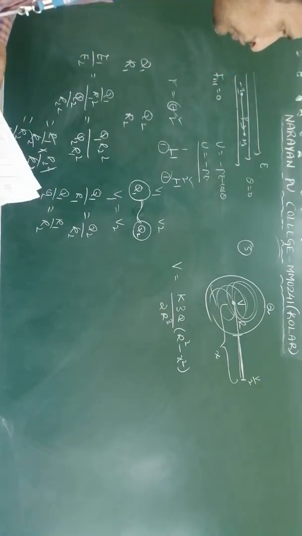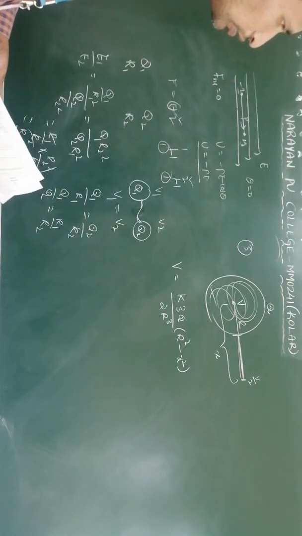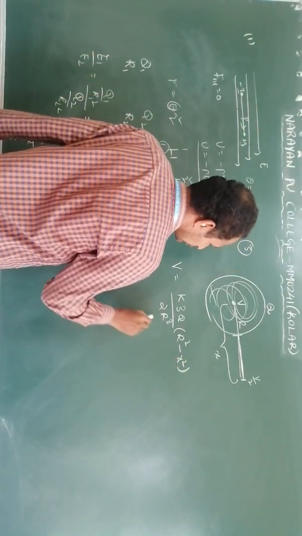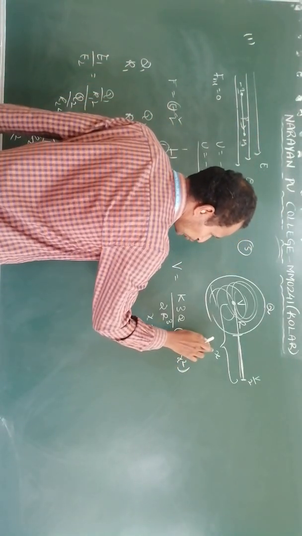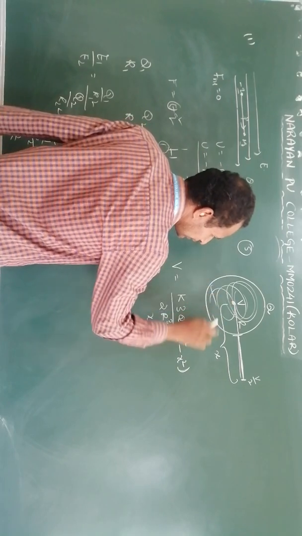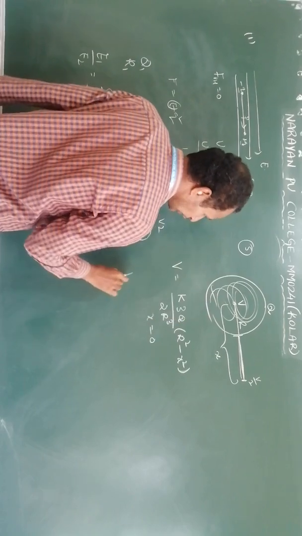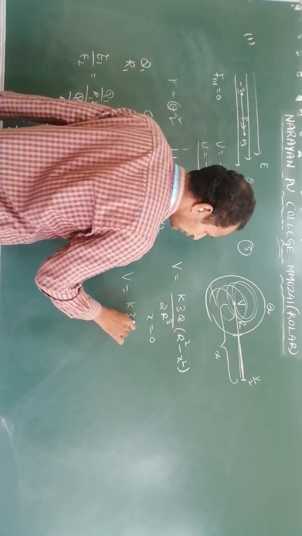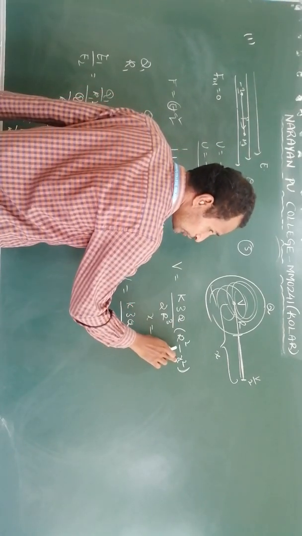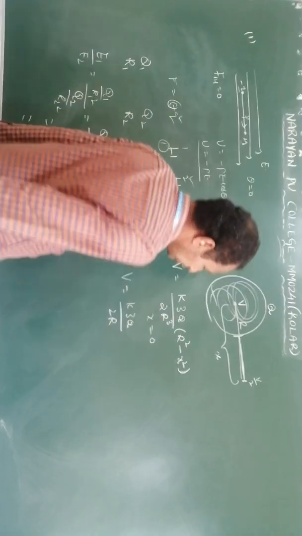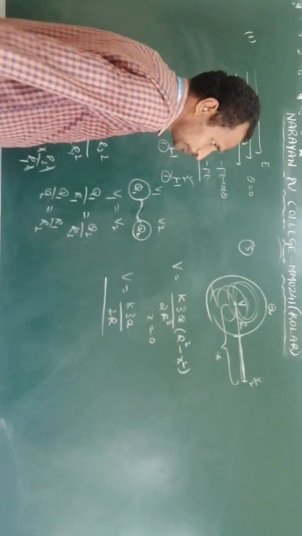Clear? Now if you want to calculate the potential at the center, substitute x is equal to 0. Then V will be K 3Q by 2R, with R square by R cube giving 1 by R. This is at the center.